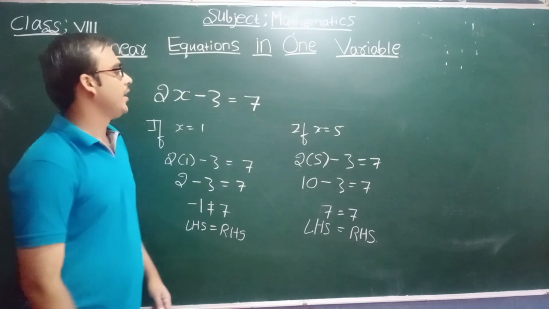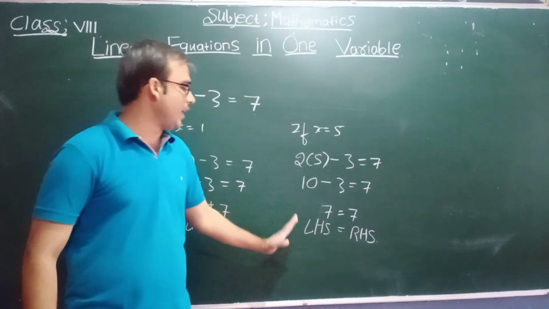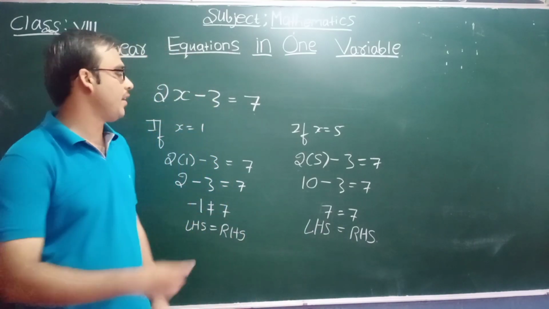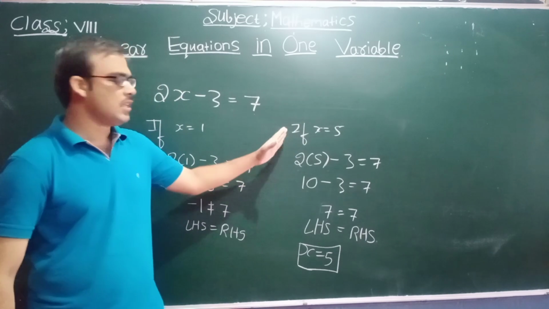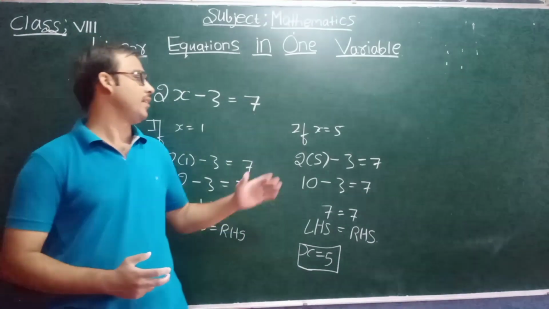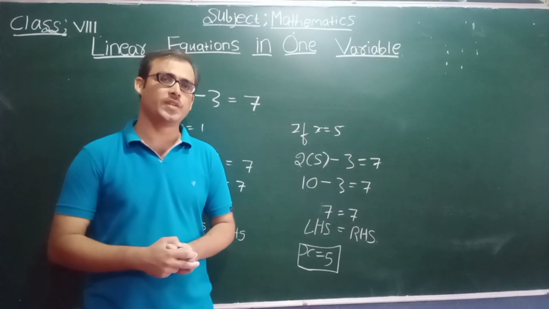If we take the value of x as 5, LHS and RHS are equal. So we can write x equals 5 as the solution of this equation. What is the solution here? x equals 5 is the solution of this equation.